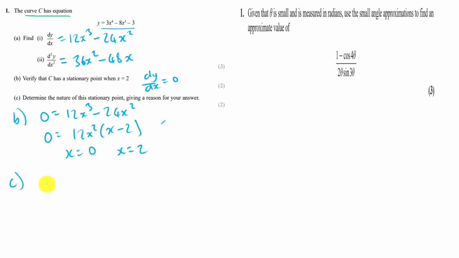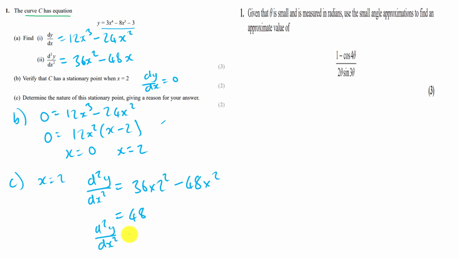For part C, we use the second derivative with x equals 2. Show yourself substituting that in: 36 times 2 squared minus 48 times 2, which I believe equals 48, which is greater than 0.